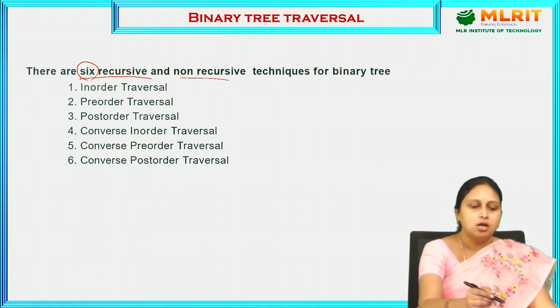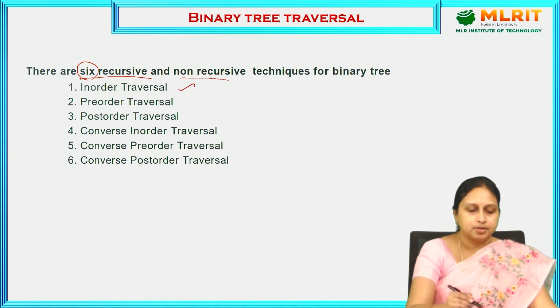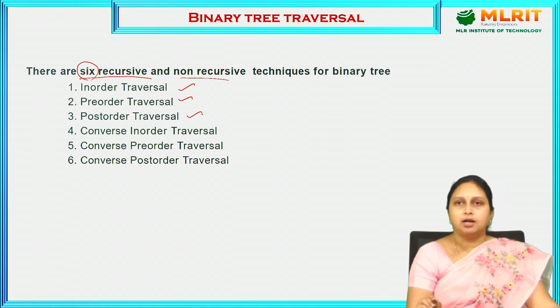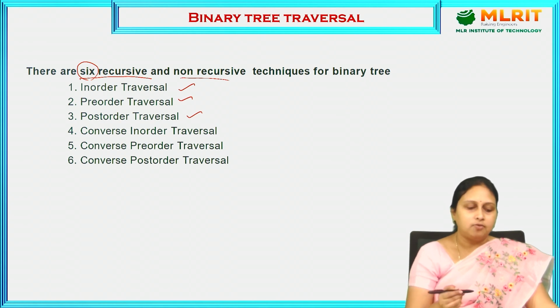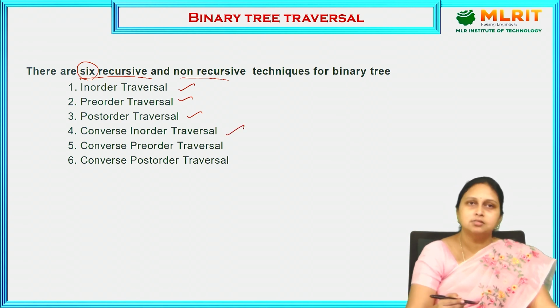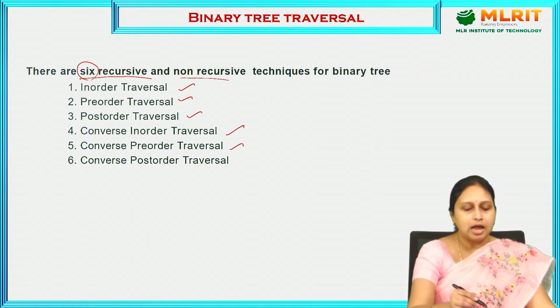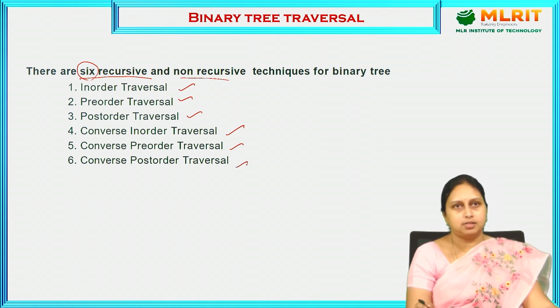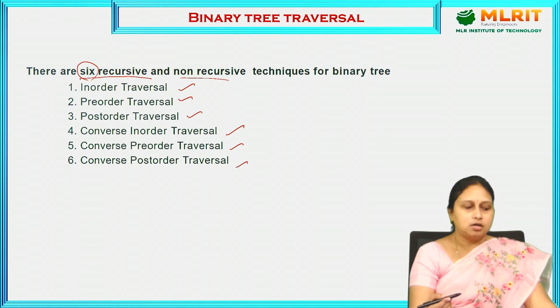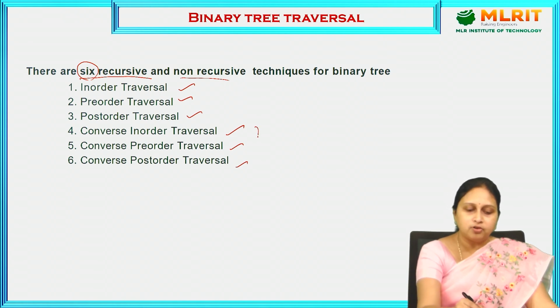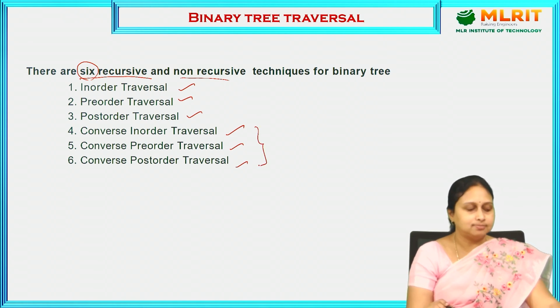One is in-order traversal, the other one is pre-order traversal, and the other one is post-order traversal. These are the 3 traversals we mainly need to concentrate on. And opposite to that, we have converse in-order traversal, converse pre-order traversal and converse post-order traversal. We will see how these 3 differ from the normal ones.